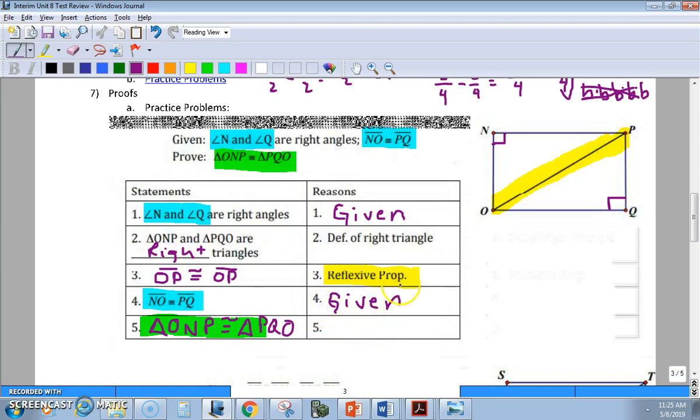Okay. And then last, okay, so that's reflexive property. So we know that that's equal to itself. We know that these angles are equal to each other. Now we know that NO is congruent to PQ. That is given in the problem. So how do we know that triangle ONP is congruent to triangle PQO?